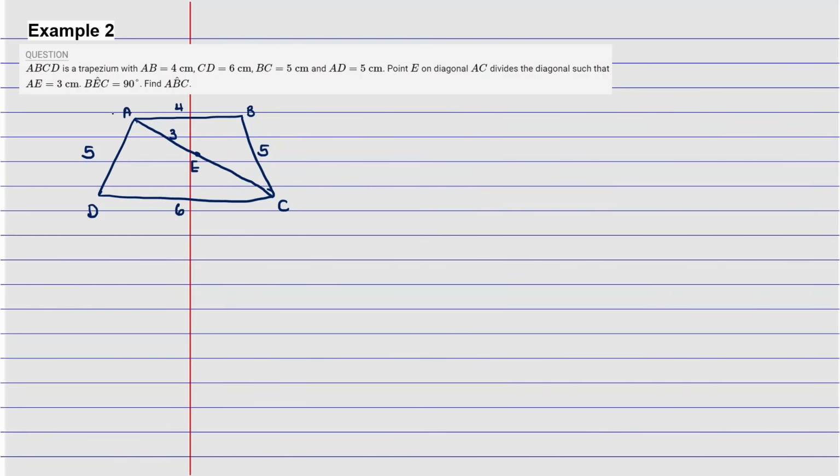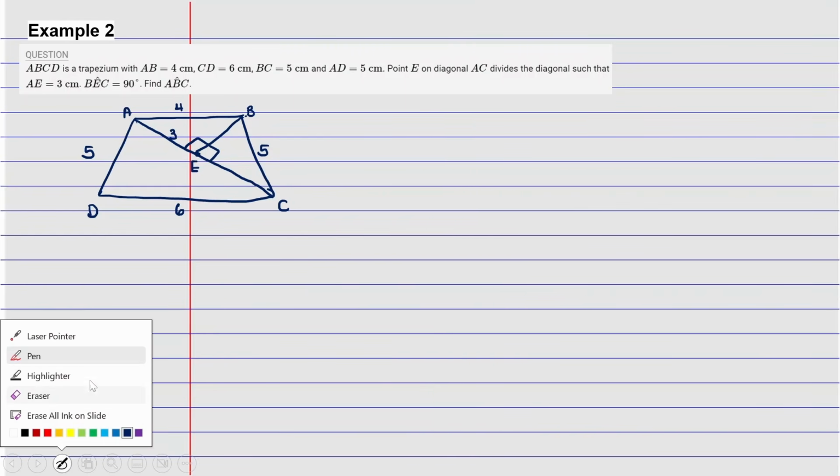And they tell us the angle BEC is equal to 90. So if we connect this, this angle is equal to 90 degrees, so the other side is also 90 degrees. Then they want us to find the angle ABC. So they want us to find this angle.